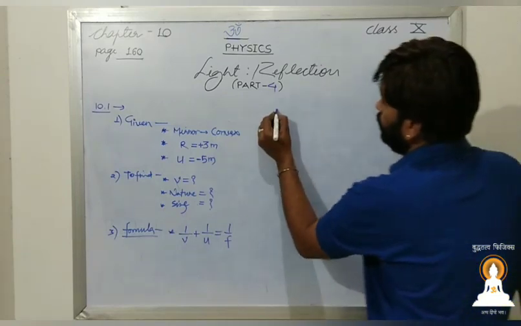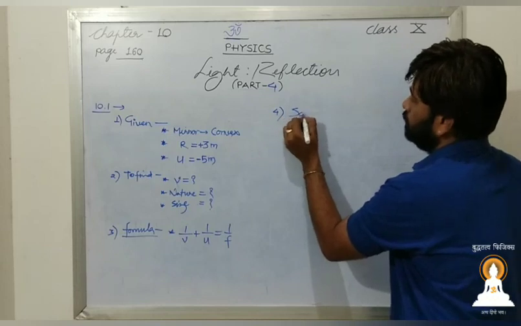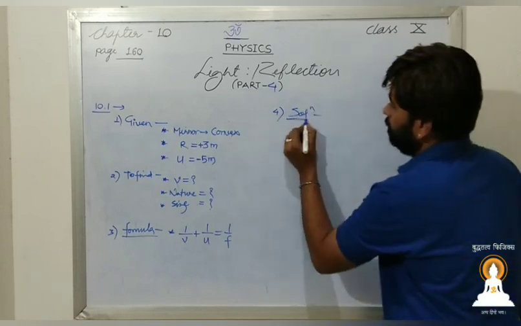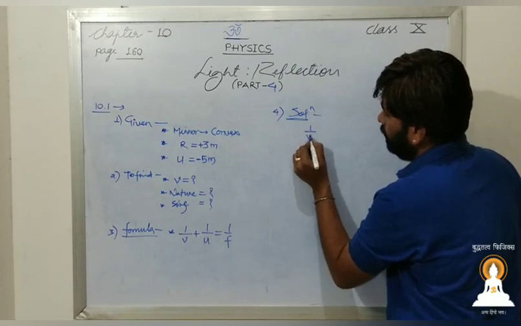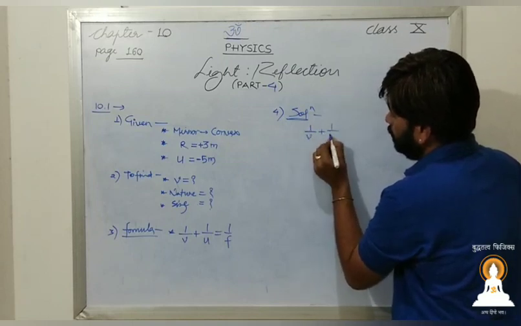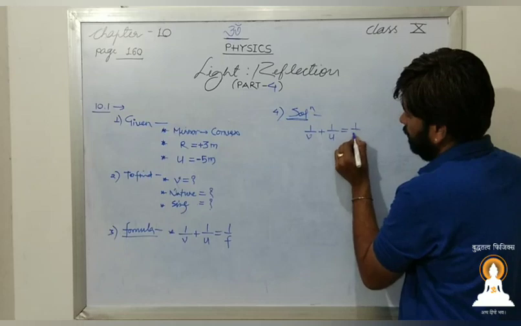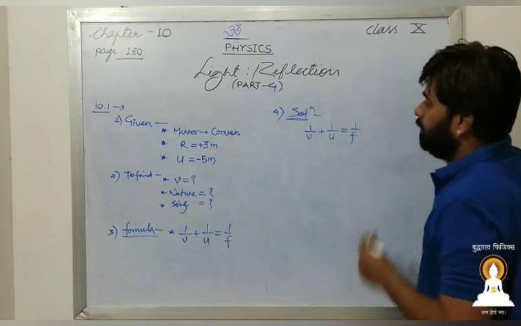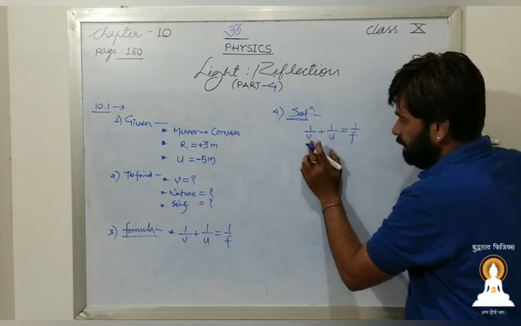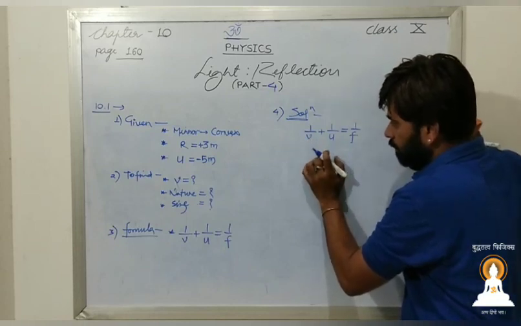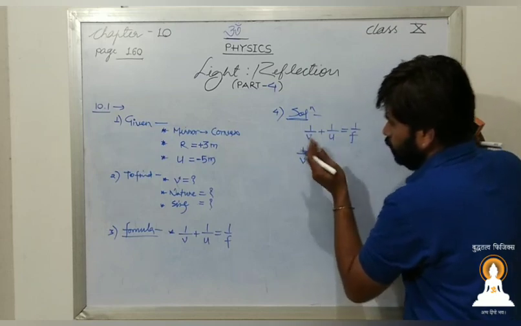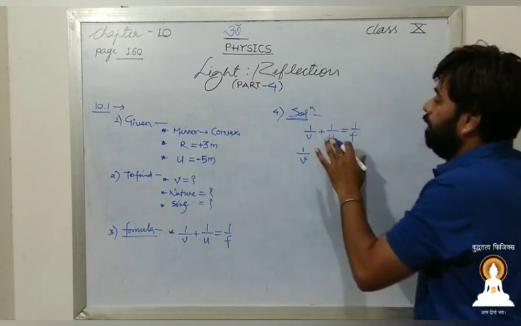Now the fourth step is solution. So let us begin with the solution. We have 1 upon v plus 1 upon u is equal to 1 upon f. 1 upon v we have to find, the very first thing. The thing which you want to find should be on one side, and the rest of the things on the other side.